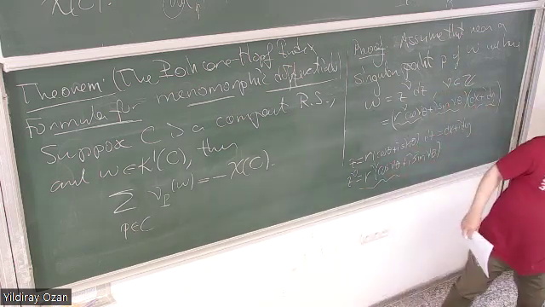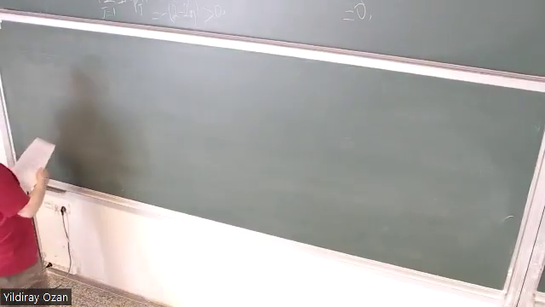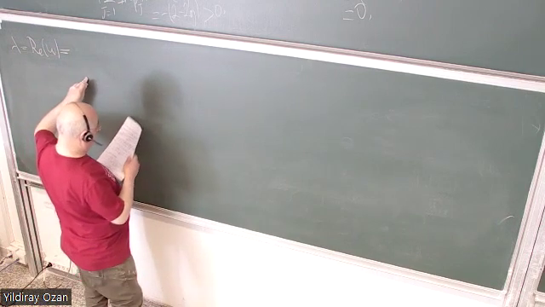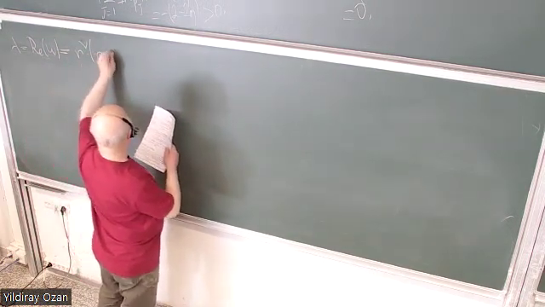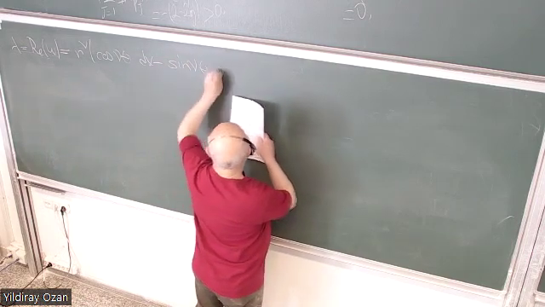So the real part, which is lambda, is r to the power nu times cosine nu theta dx minus sine nu theta dy.